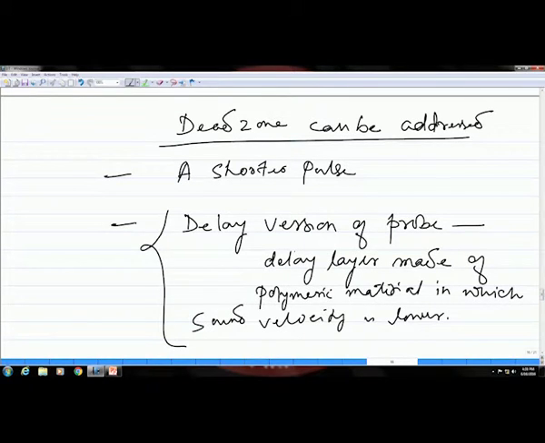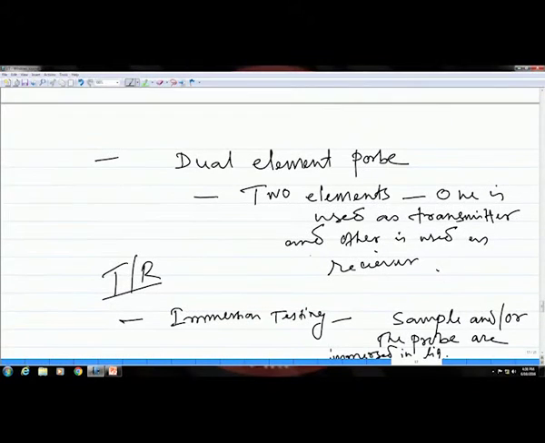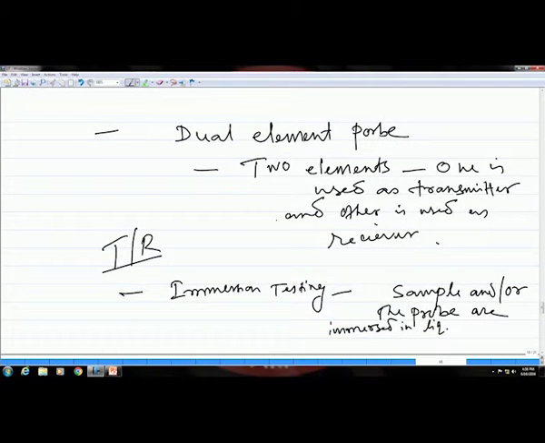The second method was a delay layer, which will delay the echoes when they are coming back to the probe, and that is how this delay layer will give enough time for the probe and for the fluctuations to die down completely, and by the time the echo comes back, the probe will be ready to receive.